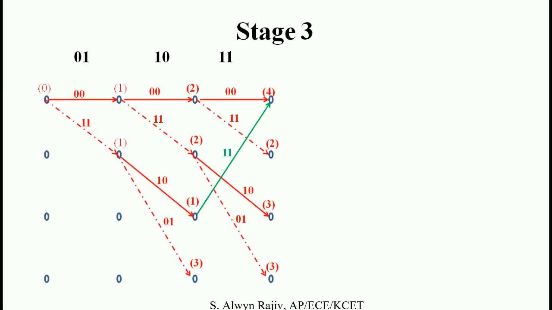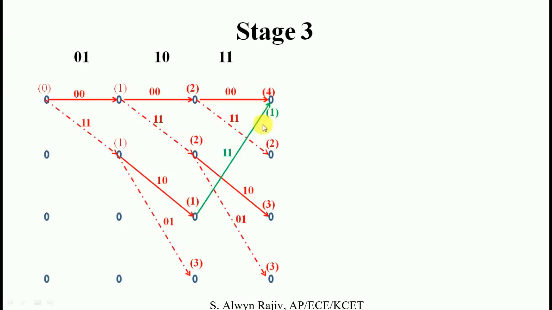Now we are going to compare this 1 1 to this 1 1. No change. The Hamming distance becomes 0. The metric value is 0 plus the previous metric value 1. This value becomes 1.